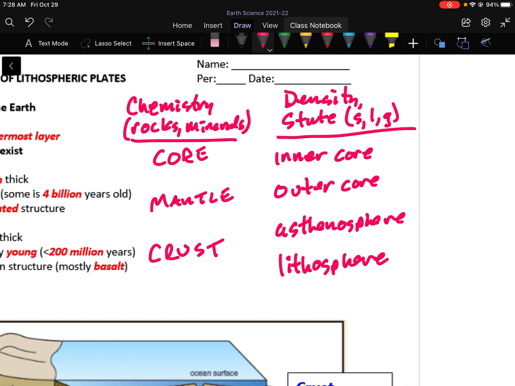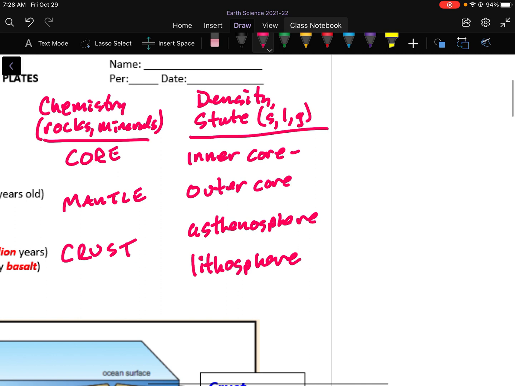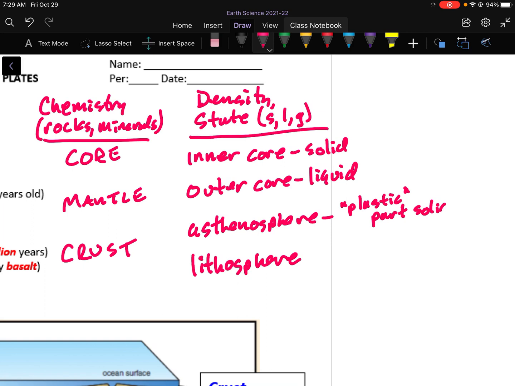And so this bowling ball analogy makes sense here: the inner core is solid, the outer core is liquid, and then the asthenosphere is what we call plastic, which is part solid, part liquid.